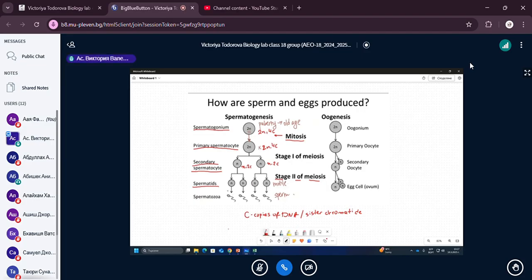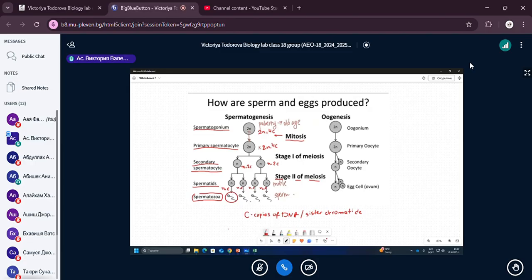Then they are N haploid with 1 copy of DNA inside, so just with C. N, C. This is how you have to explain them. And the last phase, spermatozoa, is a formation and maturation.